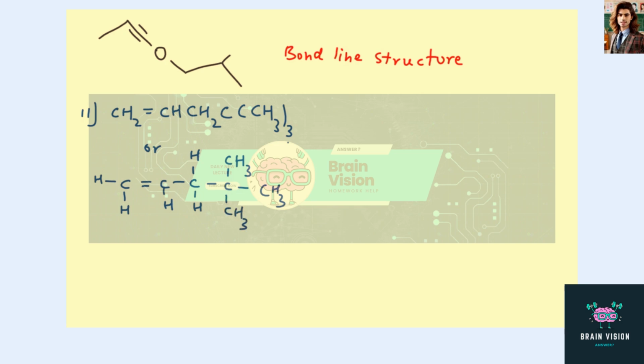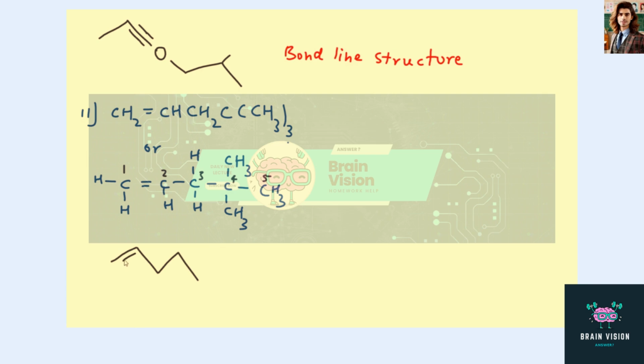Okay, so now how can we draw the bond line formula? Here I have 1, 2, 3, 4, 5. So we have 5 carbon atoms in a straight line. Now we will draw the structure. This is the first carbon atom, second carbon atom, third carbon atom, fourth carbon atom, and fifth carbon atom. And now to the first carbon atom I have a double bond.